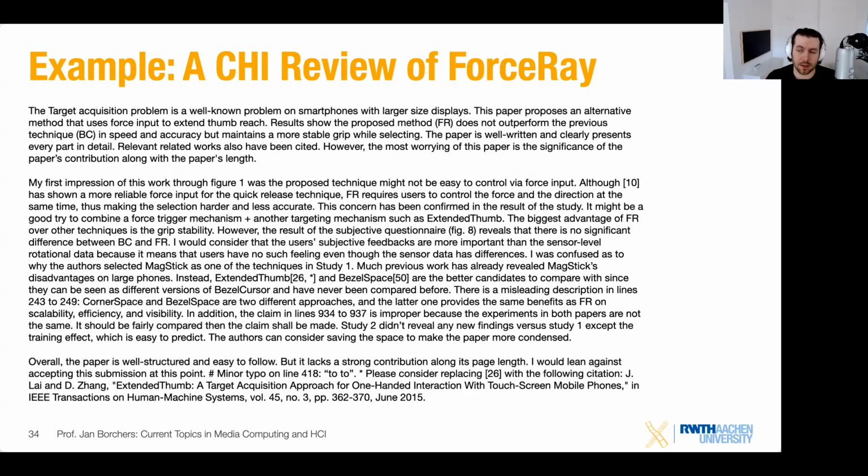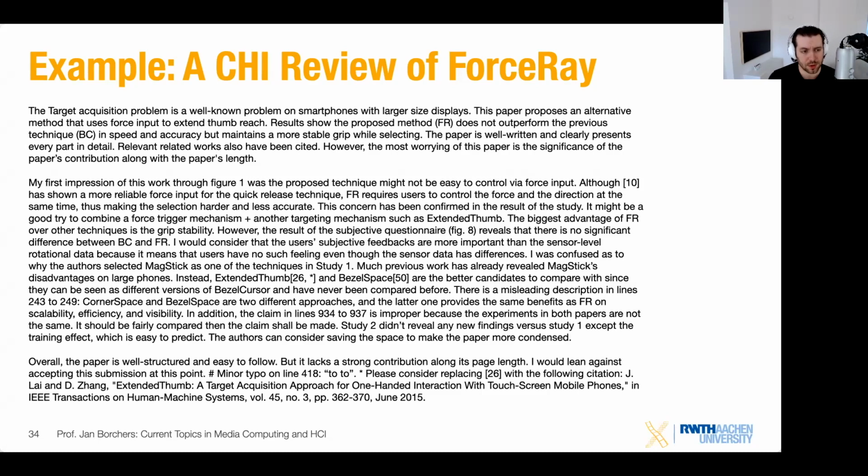Although 10 has also shown a more reliable force input for the quick release technique, force ray requires the user to control the force and the direction at the same time, thus making the selection harder and less accurate. This concern has been confirmed in the results of the study.